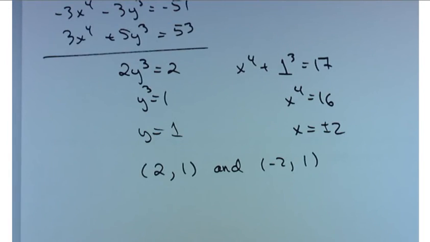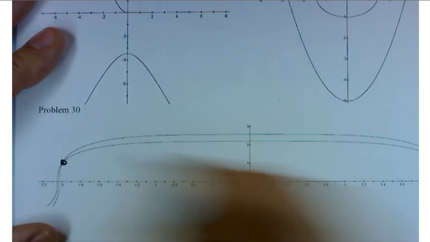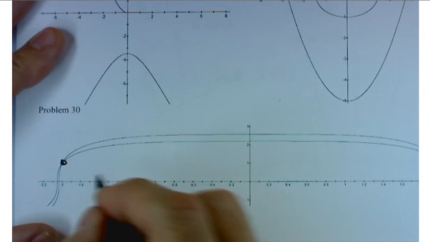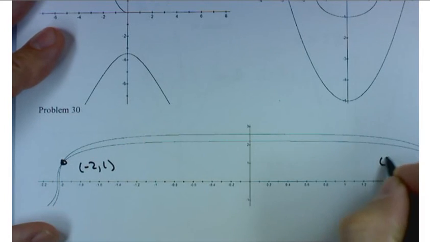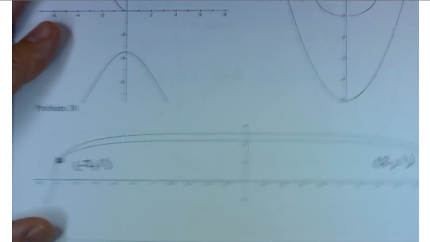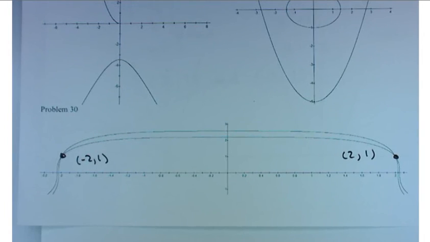And that's precisely, boy, this was a pain to try and figure out how to graph this on a graphing calculator and on Desmos. But there's your two solutions. Kind of two pretty far extremes, -2 and 1, and 2 and 1. So two solutions. That's it.